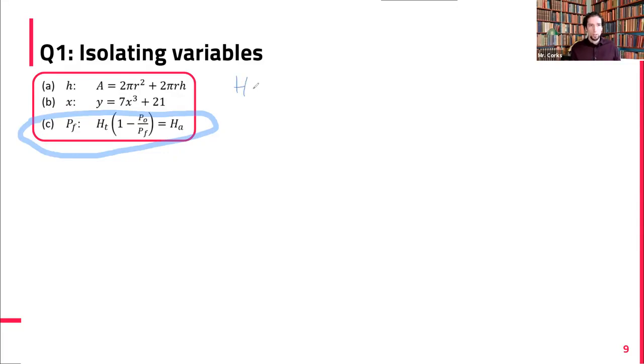So: HT(1 minus P naught over PF) equals HA. Okay, so what is HT? What's this P naught? What's PF? What on earth are all of these things? Doesn't matter. They're just random letters.